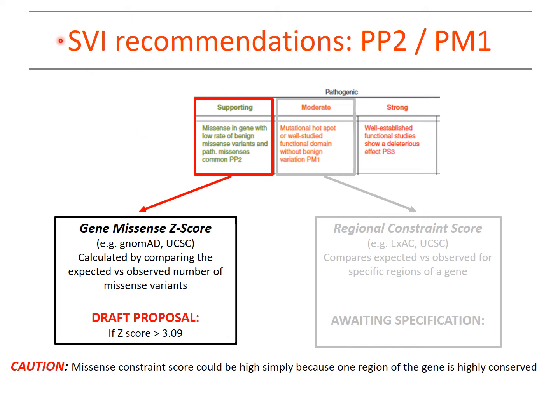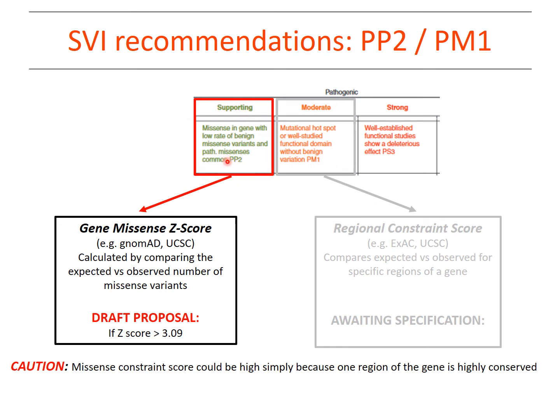Now let's talk about the SVI recommendations for using the criteria PP2. PP2 stands for supporting pathogenic 2 and says it's a missense variant in a gene with a low rate of benign missense variants, where pathogenic missense variants are common. And then there is the criterion PM1, which is a mutational hotspot or well-established functional domain without benign variation. But let's first take a look at PP2.